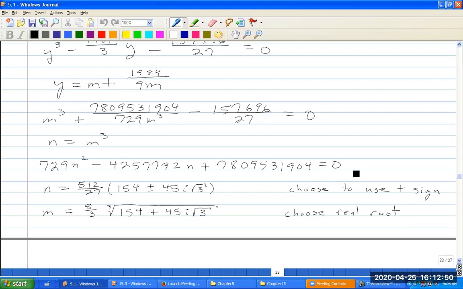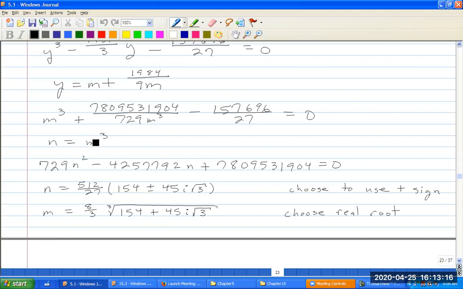It's quadratic, so you can solve it. You can plug that into your quadratic formula. And so you get n equals, I simplified it a little bit, 512 over 27 times the quantity 154 plus or minus 45i root 3. Well, I'll choose the plus sign.